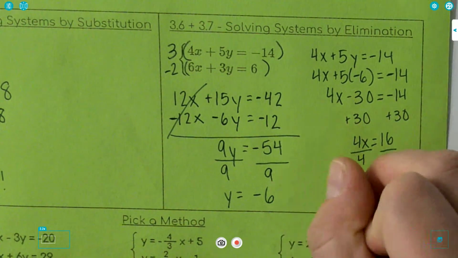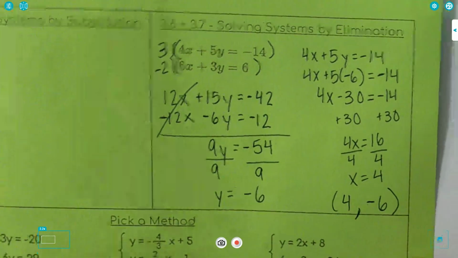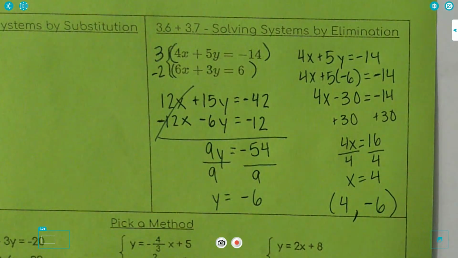So that is 4, -6. All right, any questions?